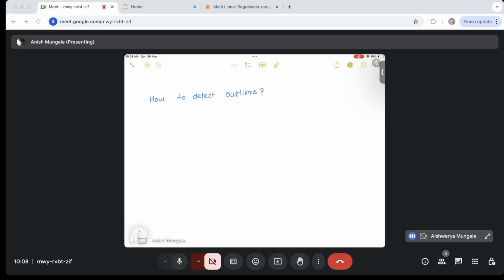One method of detecting outliers we have already seen. Do you remember that method? There was one plot that we saw, using which we can determine outliers. You remember the box plot?